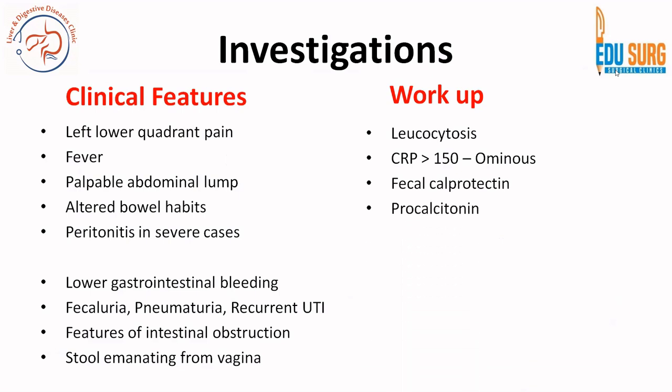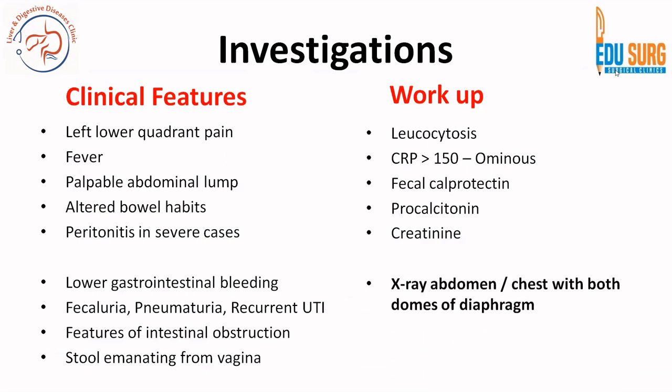So that is something that will help you. Procalcitonin is raised in cases with infection. Creatinine is routinely done, for these patients are going to need a CT scan with contrast. And also in cases with recurrent UTI, the creatinine may be abnormal.